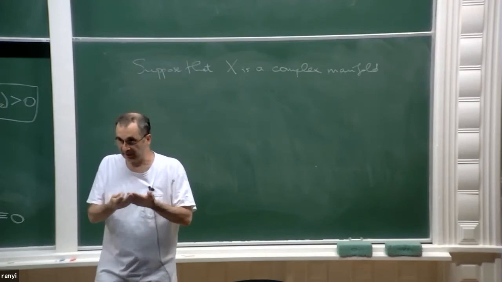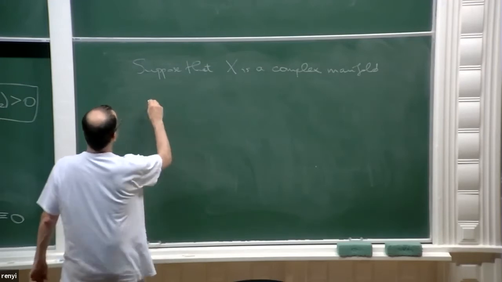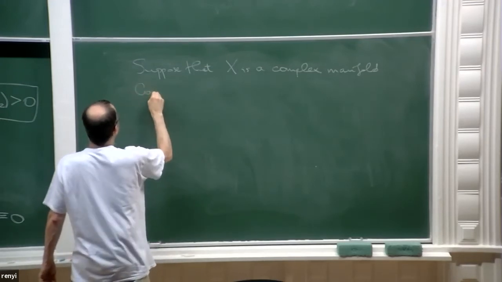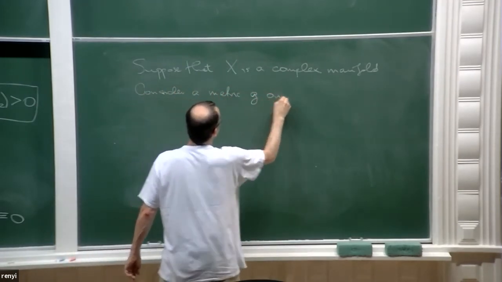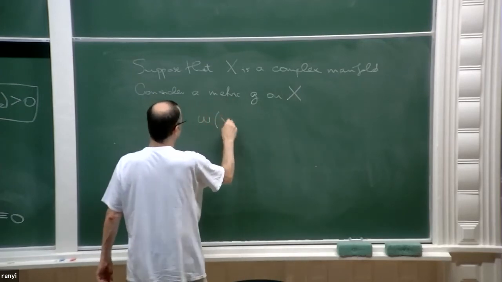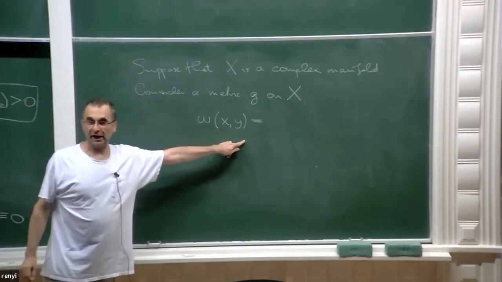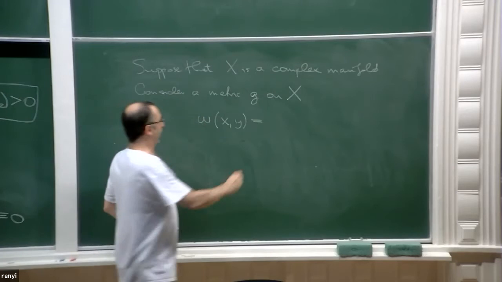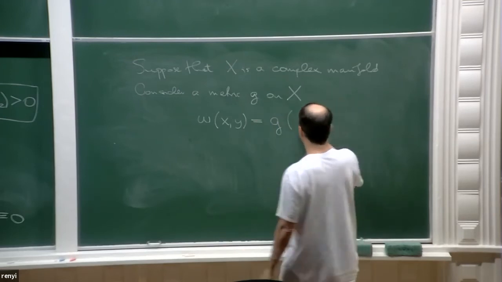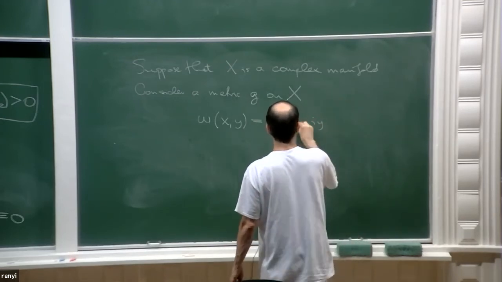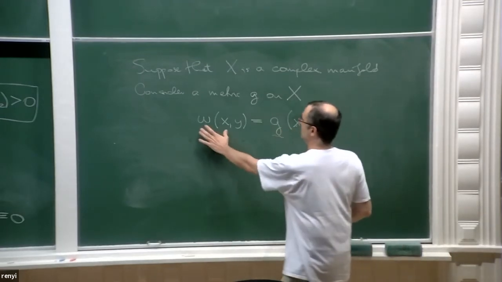They are holomorphic maps. So in particular, you can multiply with i in these charts, and so we can consider the following. Consider a metric g on X and define a 2-form omega by the following conditions. We have 2 tangent vectors X and Y, and we would like to evaluate this 2-form, and we do the following. Instead of just applying my metric on X and Y, I apply it to X and i times Y. So I use the complex structure here and the metric there, and this will be a 2-form.